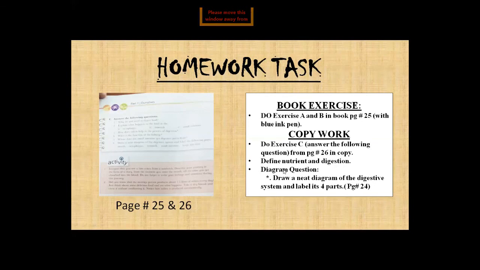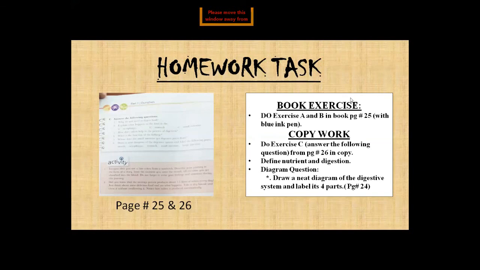Write down the definition of nutrient and the definition of digestion in one or two lines. The diagram question is draw a neat diagram of the digestive system and label its four parts. You can see the diagram on page number 24. You can easily draw the diagram from page number 24.